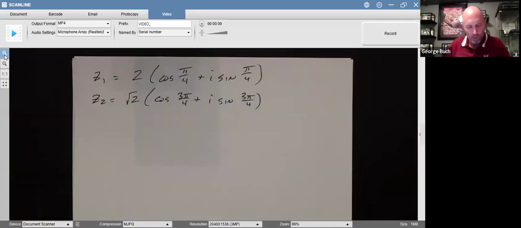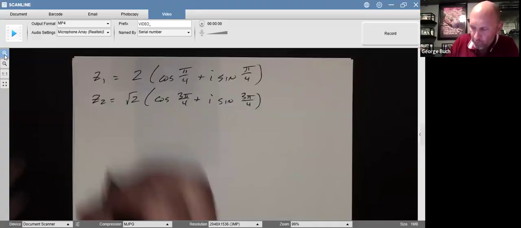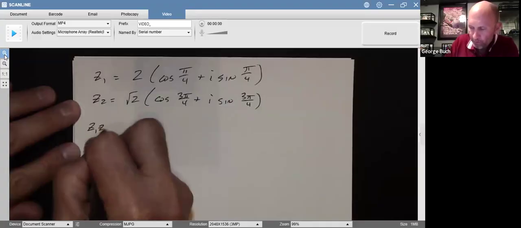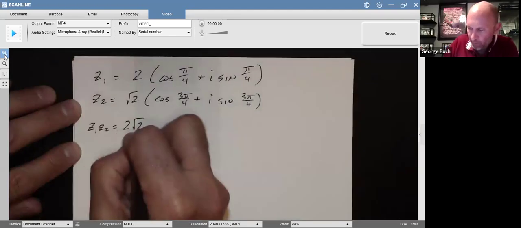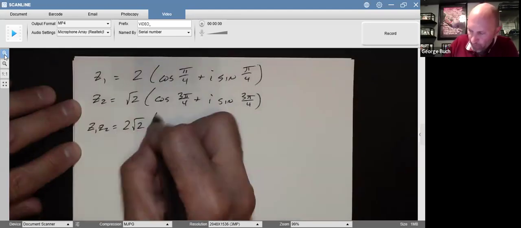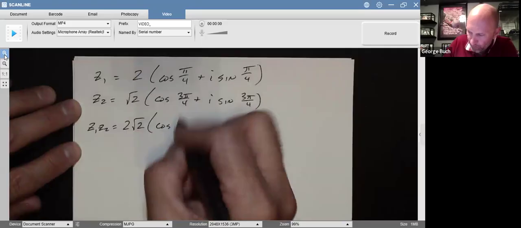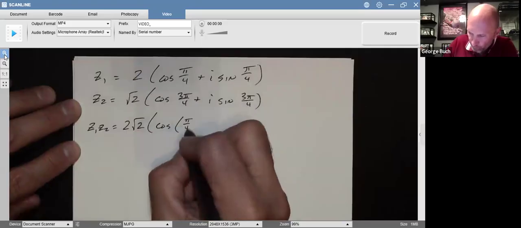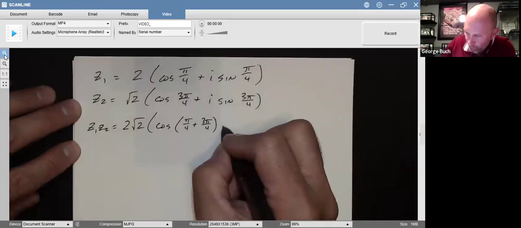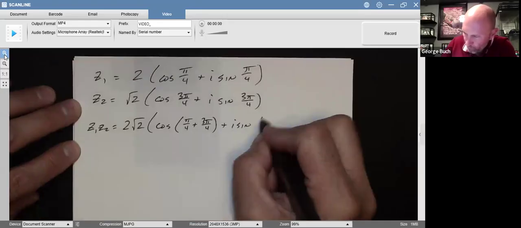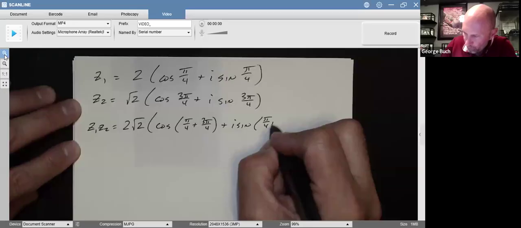So next we want Z1 times Z2. By the formula, that's just multiplying the r's, r1 times r2, and then we have to add the thetas: cosine of pi over 4 plus 3 pi over 4 plus I sine of pi over 4 plus 3 pi over 4.